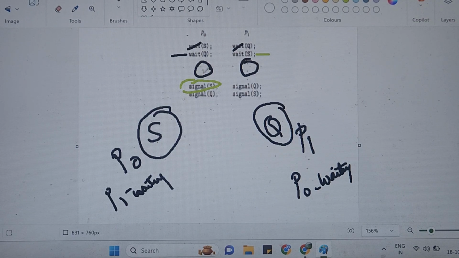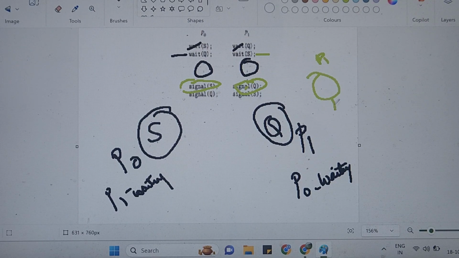For that critical section to be dealt with, P0 needs access to Q, correct? And for that Q to be given to P0, P1 needs to signal its Q. Again, for P1 to signal its Q, it needs to finish its critical section, for which it needs S. So basically it's a cycle kind of a thing.